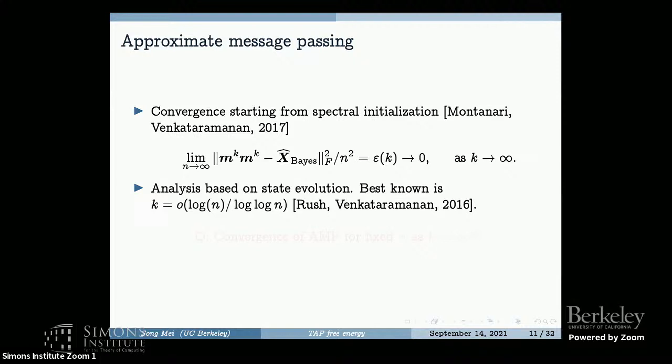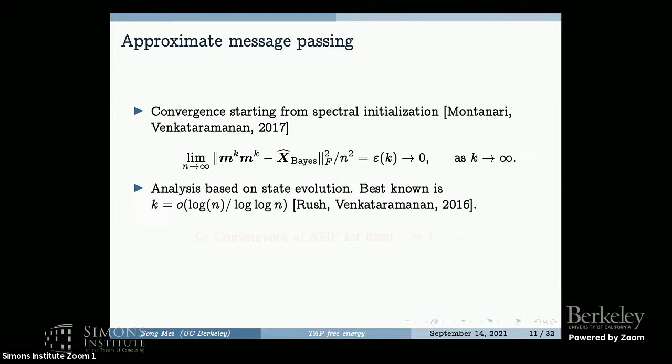This result is established using state evolution analysis, which is currently a standard tool to deal with AMP. People try to improve the concentration from AMP to state evolution, but the state-of-the-art analysis is only able to let k, the number of iterations, be a little log n or log n.